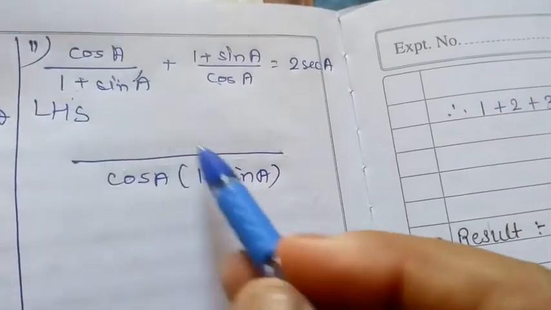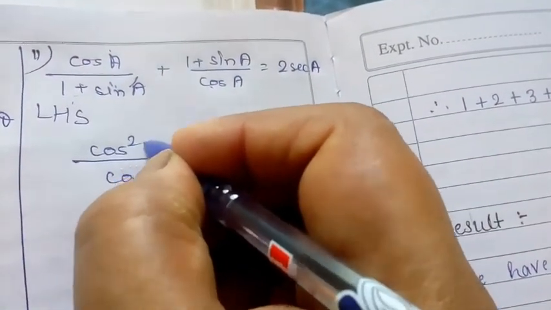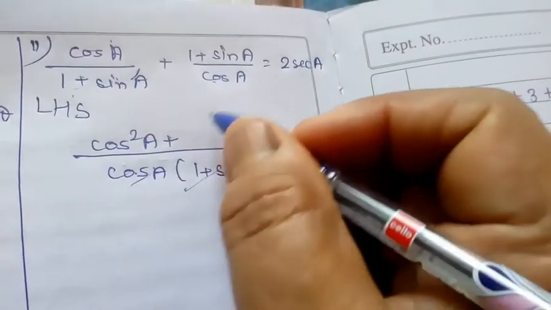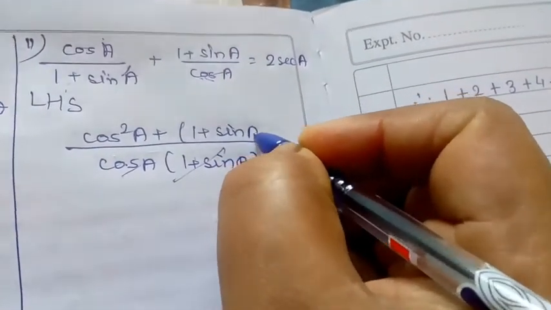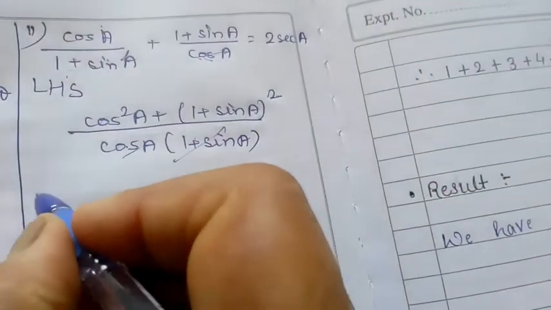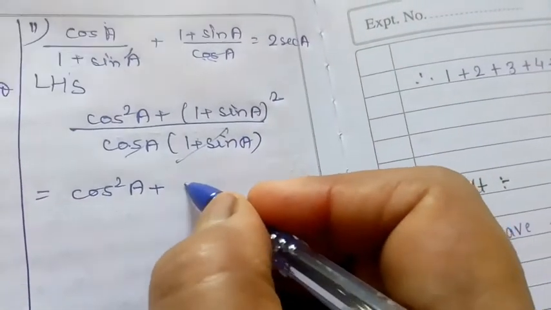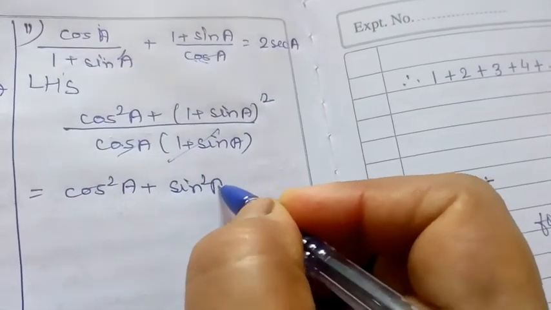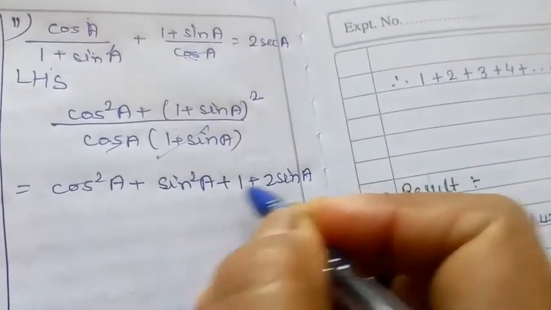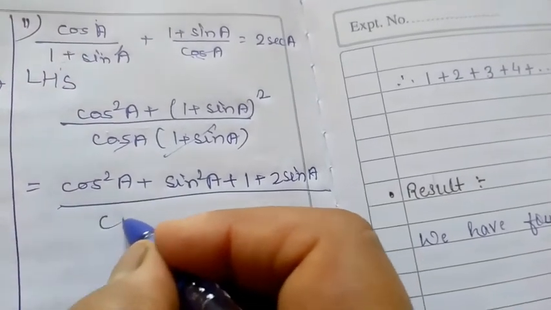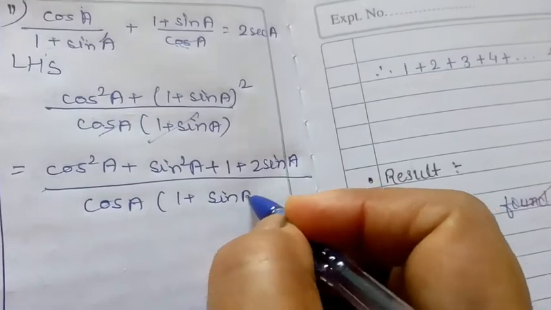Here, 1 plus sin a cancels, cos a into cos a equal to cos square a, and cos a cancels, 1 plus sin a whole square. Next, cos square a plus (1 plus sin a) whole square, which is a plus b whole square, 1 plus 2 sin a, and the denominator remains the same, cos a (1 plus sin a).